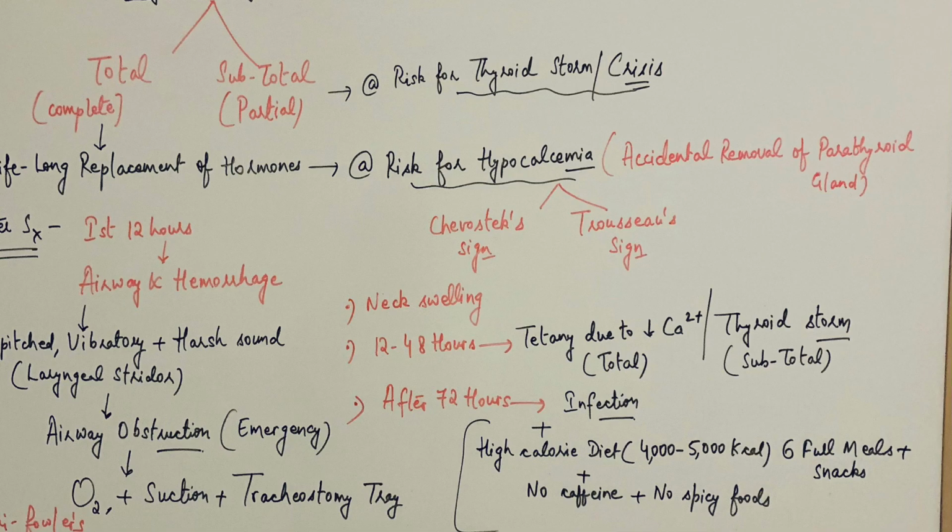Basically, the patient has to take 6 full meals plus snacks in between, because the patient has a high metabolism. The patient should not be given caffeinated products like coffee, tea and energy drinks, and no intake of spicy foods.